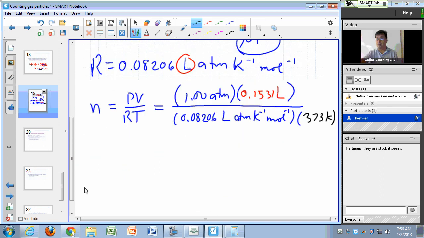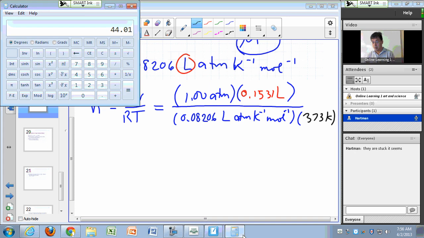Let's calculate number of moles. We have 1 times 0.1531 divided by 0.08206 divided by 373. That gives me 0.005002.